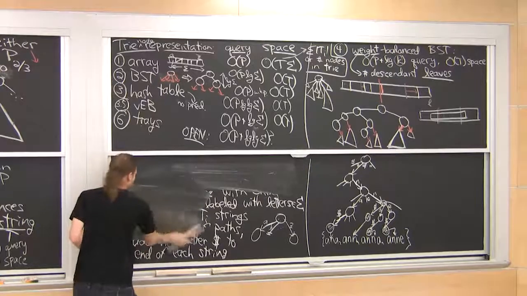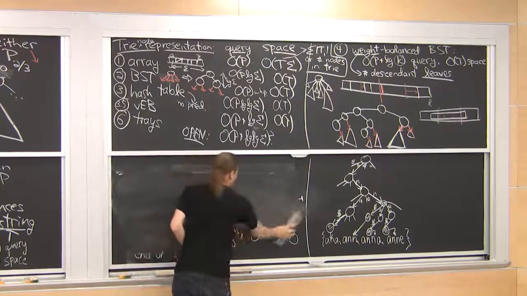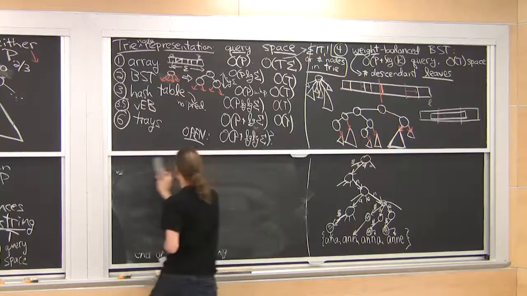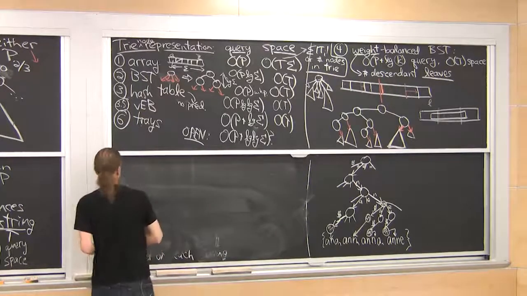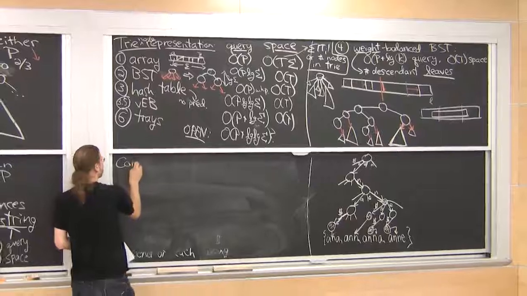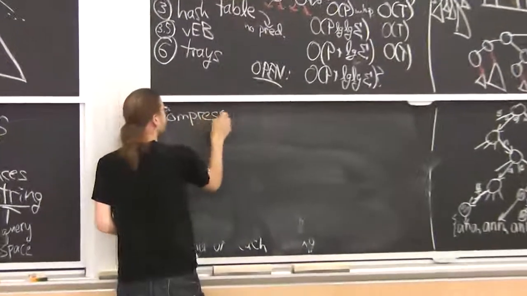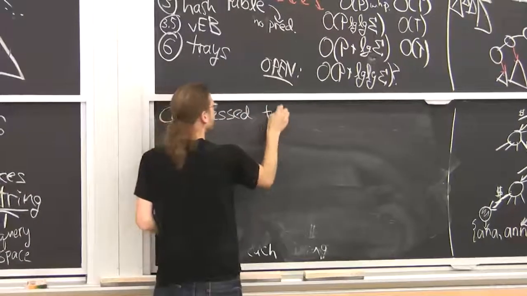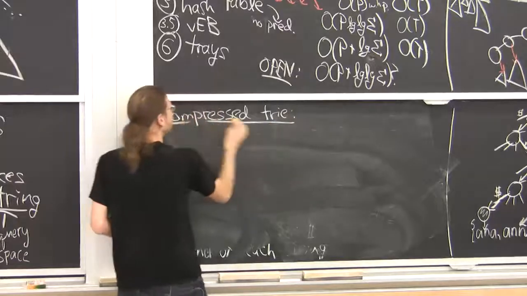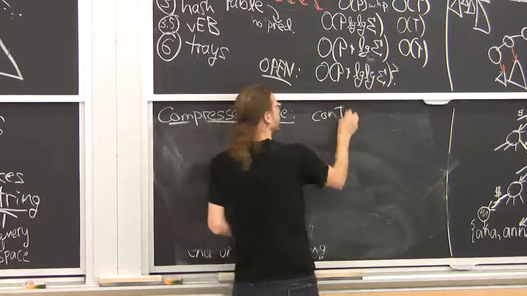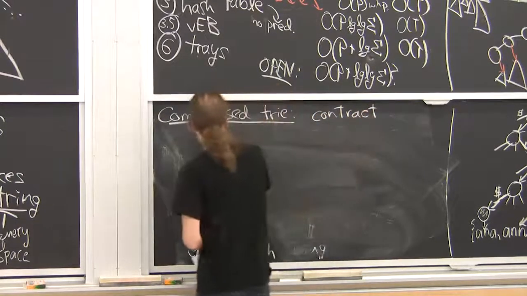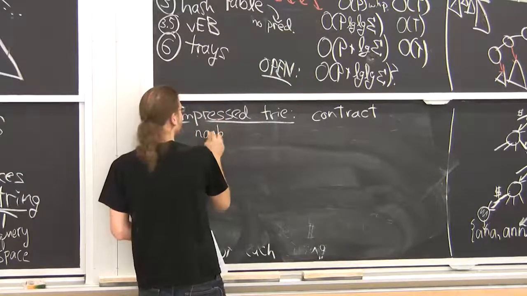That's still going to be true for a compressed trie. But as we saw in that lecture, in a compressed trie, we're going to get rid of the non-branching nodes. So the idea with the compressed trie is very simple. Just contract non-branching paths into a single edge.